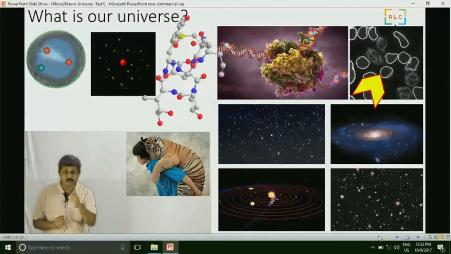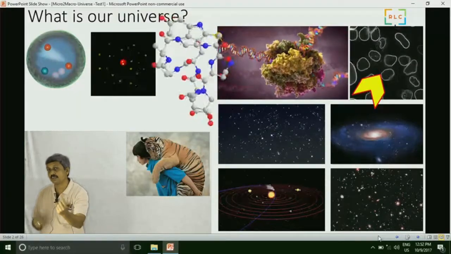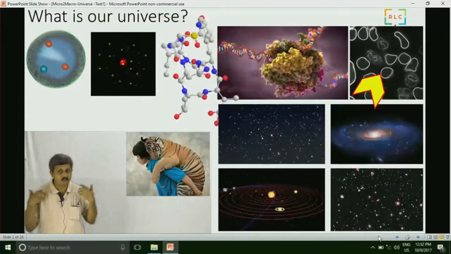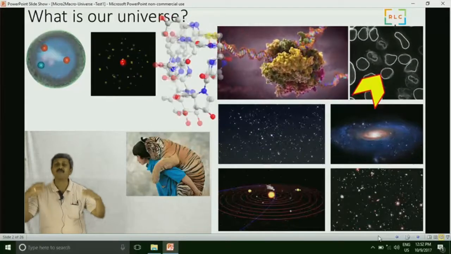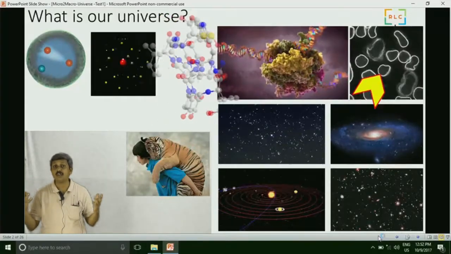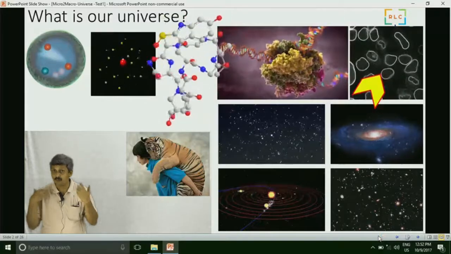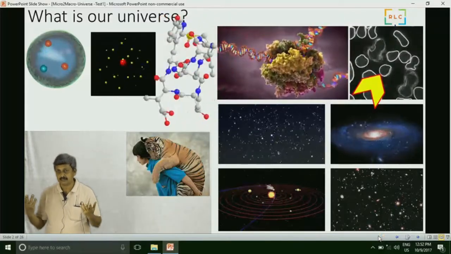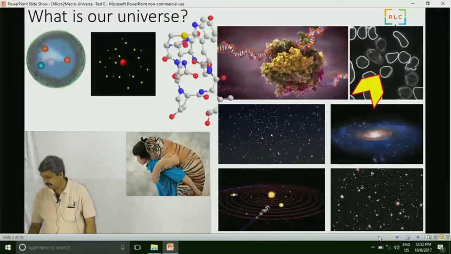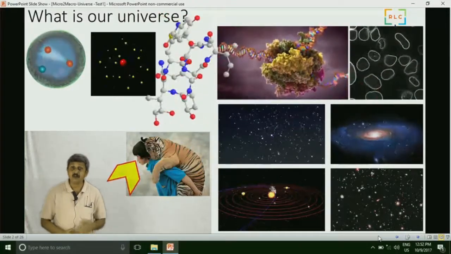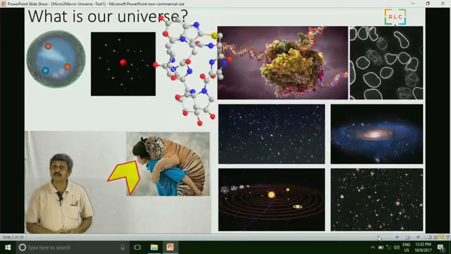Some living beings are made up of just one cell, like amoeba, but we are made up of multiple cells. These cells divide and we grow. We are all called organisms, whether an individual human being or a tiger.